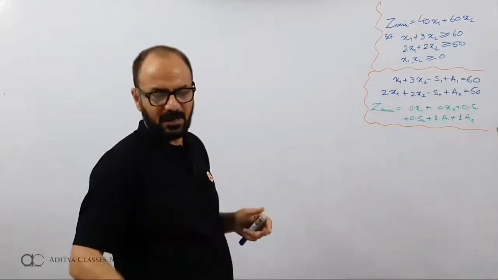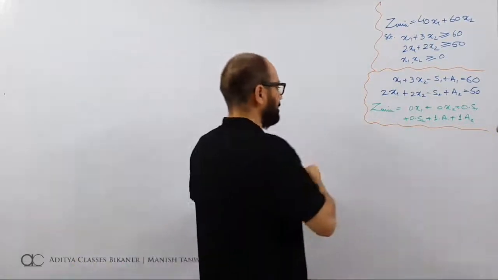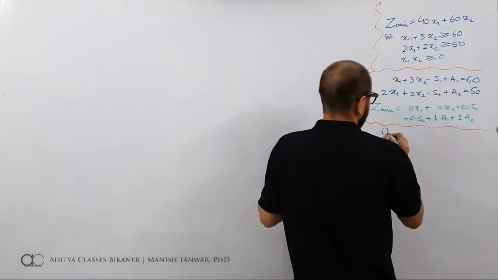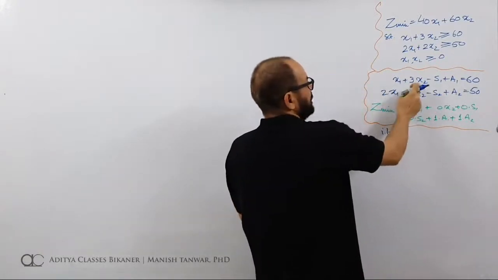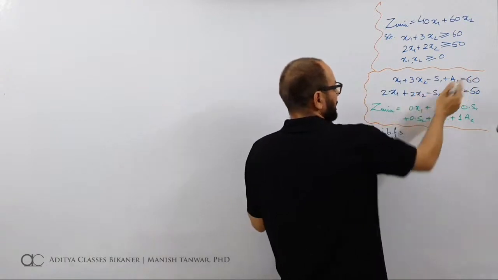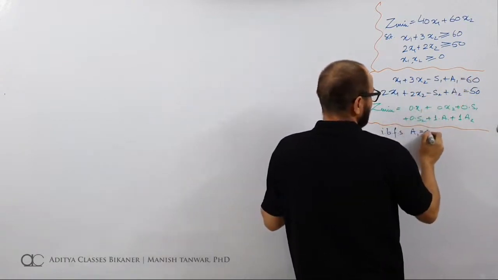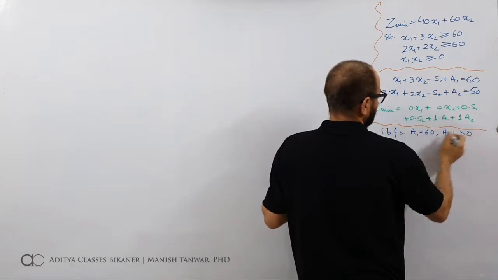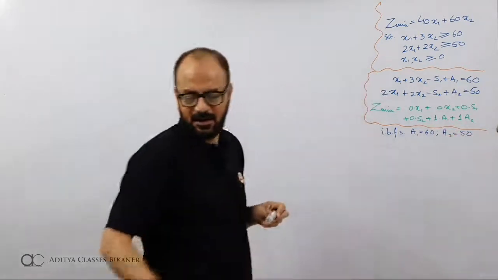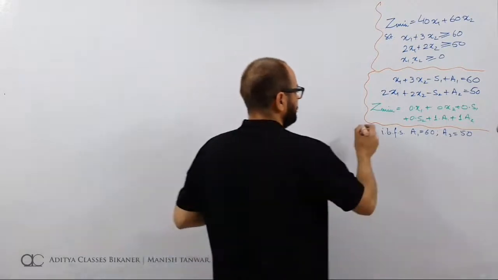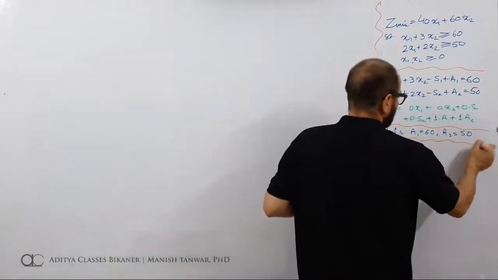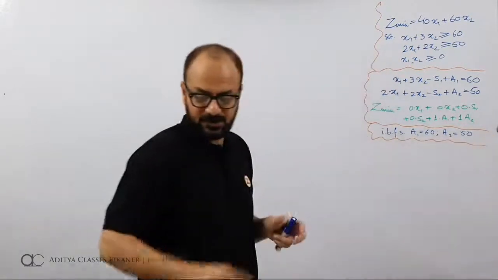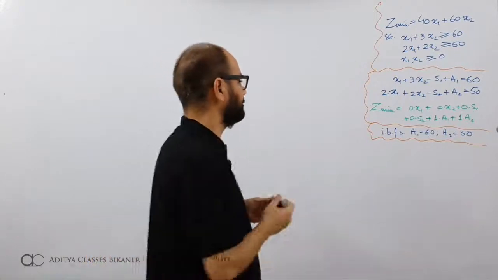Now can I find out IBFS? IBFS would be, making x1, x2, s1 as 0, I get a1 as 60 and I get a2 as 50. This is my IBFS. Now can we have our first initial simplex table?